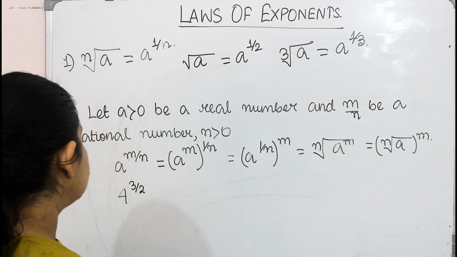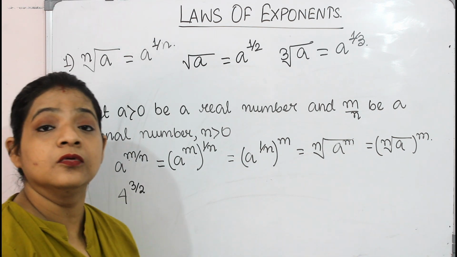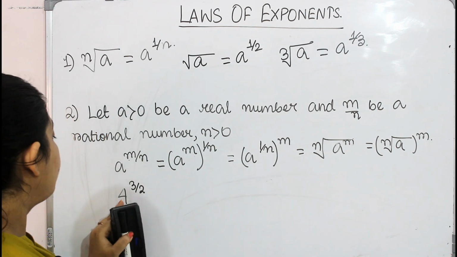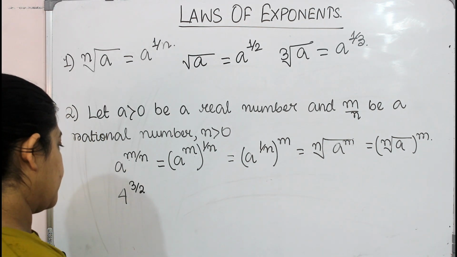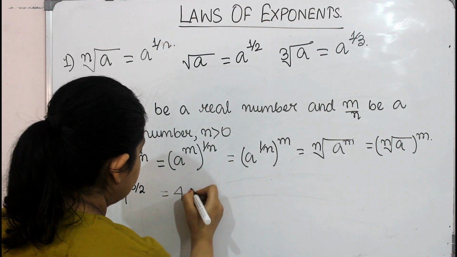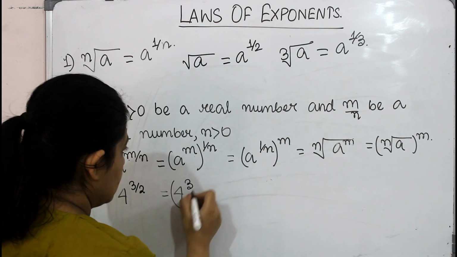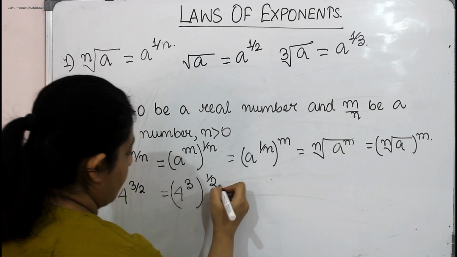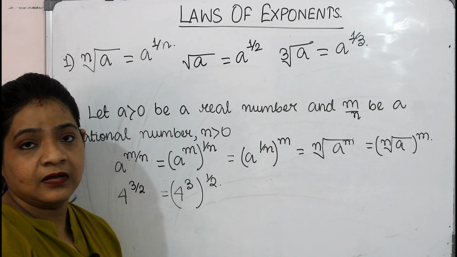Okay, it is complicated. Let me explain with an example. So 4 to the power of 3 by 2. This can be written as 4 to the power of 3 into half, isn't it?